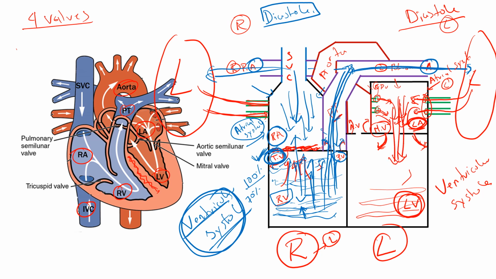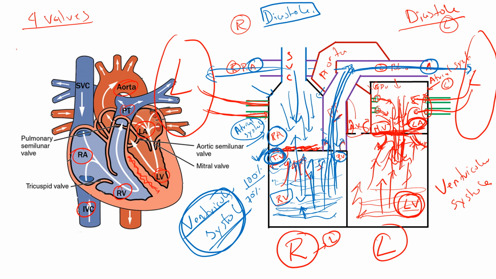So it makes sense that at this point, the mitral valve is open, the aortic valve is closed. We never want blood going backwards. So once systole begins, the pressure generated by the ventricles will start increasing, and that pressure is the one that closes the mitral valve, and it closes the mitral valve so we don't have backflow.